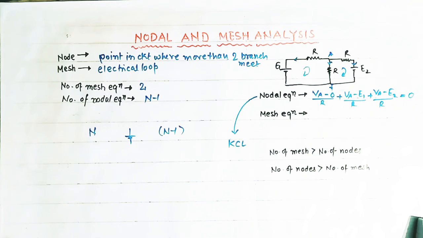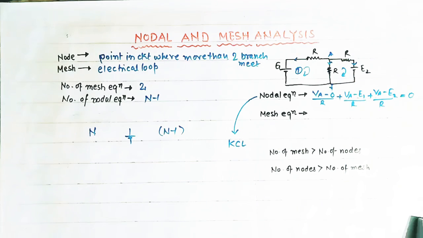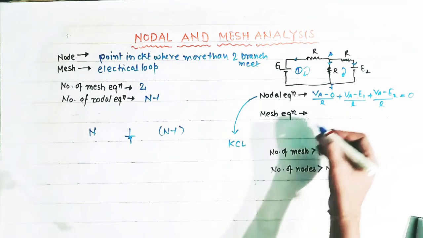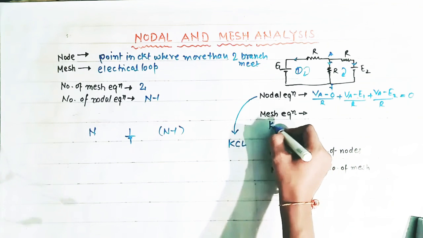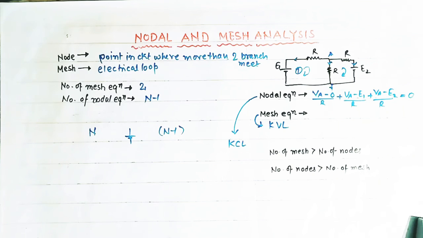Now what is the mesh equation for this circuit? First we apply the mesh equation in loop 1. Here we will simply apply the KVL equation. It means mesh analysis follows Kirchhoff's voltage law.